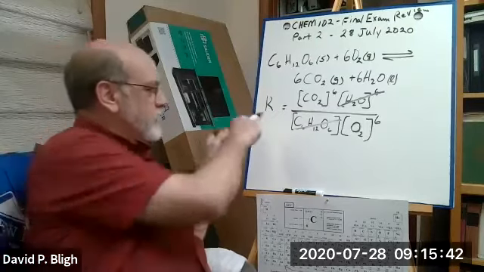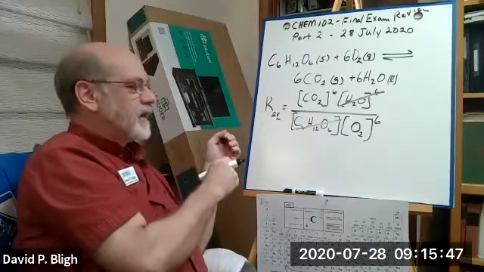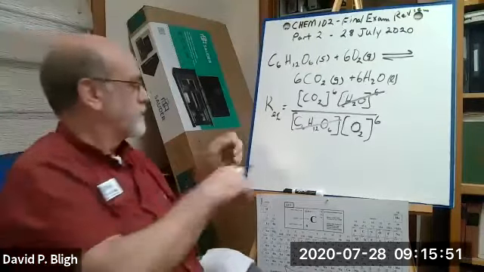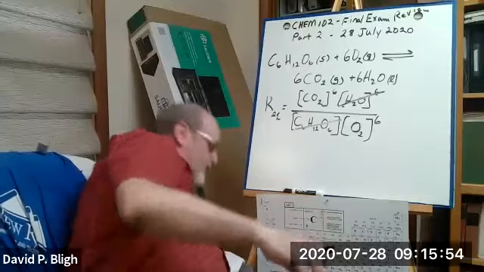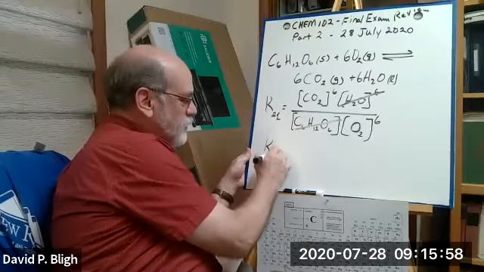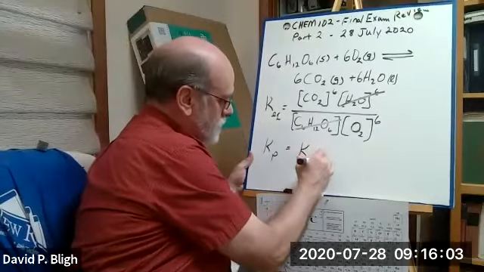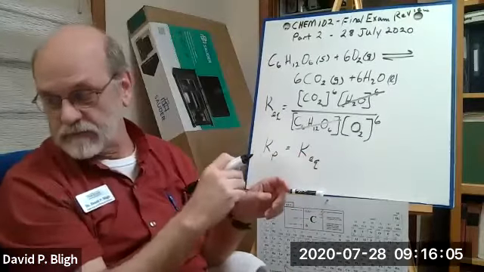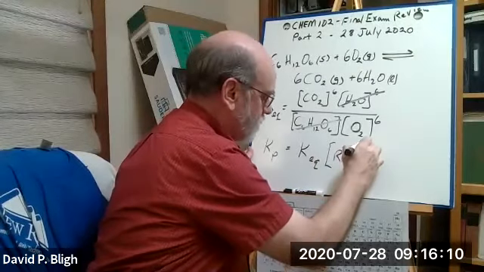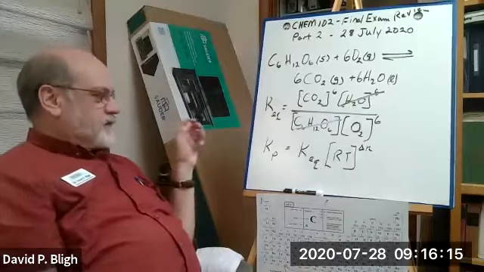So if we were to take this, which would be designated K equilibrium, and we want to convert that to the K in terms of partial pressures, we need an expression that will give us that equivalence. Okay? So that's the relationship.